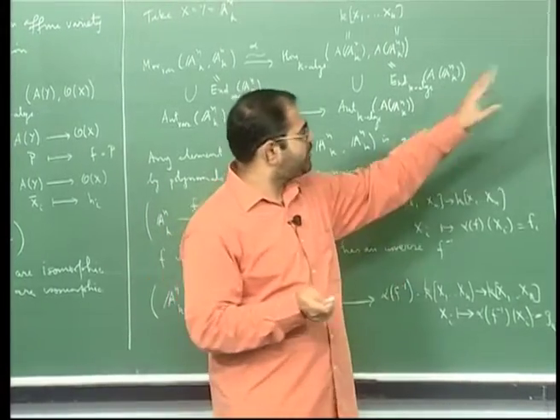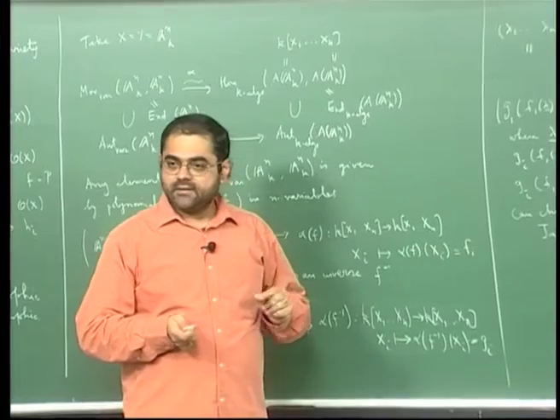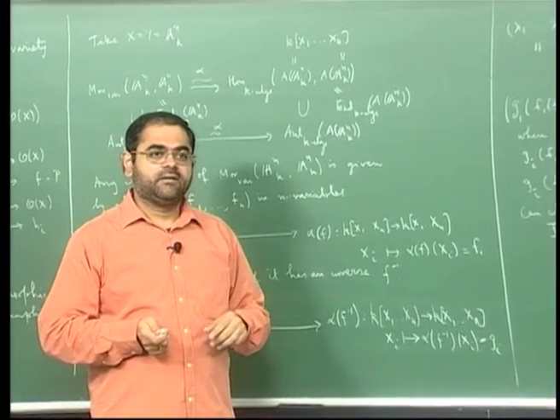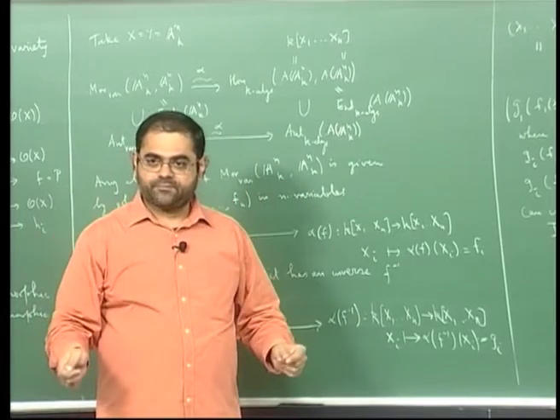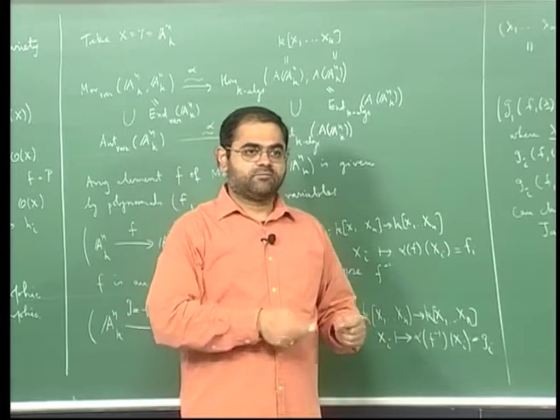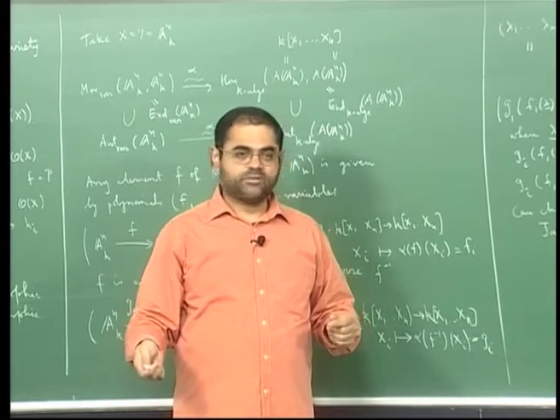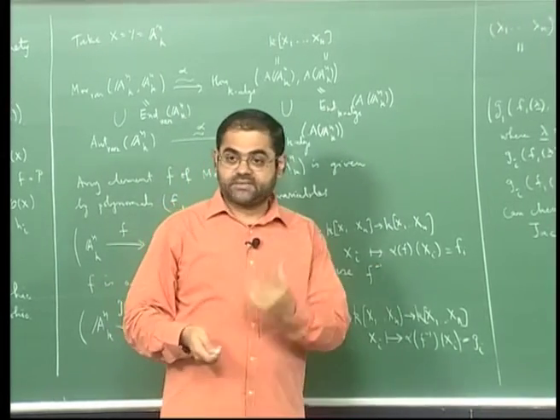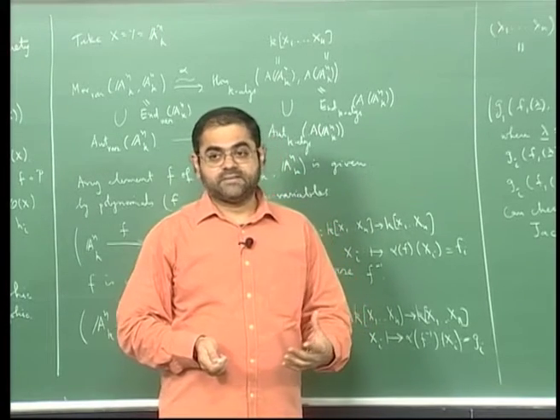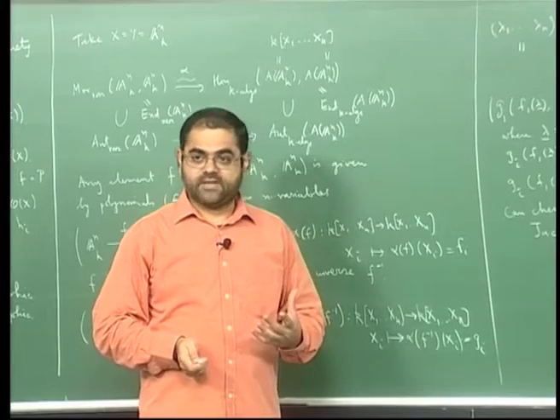I have the n F_i's, I differentiate each of them with respect to the n variables, and I get this Jacobian matrix. That is in general going to be a matrix of polynomials again, because differentiating a polynomial in n variables partially with respect to one variable gives again a polynomial in n variables.